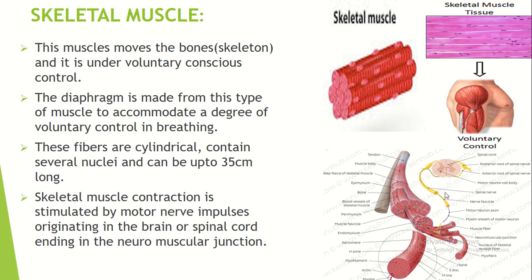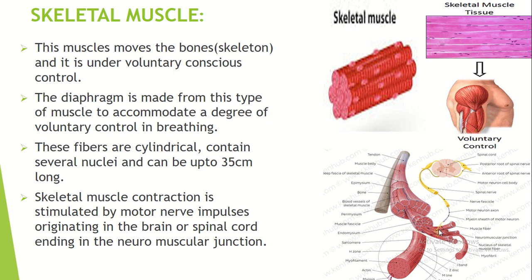At this point, for example, when we put our hand in fire, automatically we remove our hand from the fire. That is only because the spinal cord gives the signal through the spinal nerve to the muscle that it is a danger, please take your hand out of it.